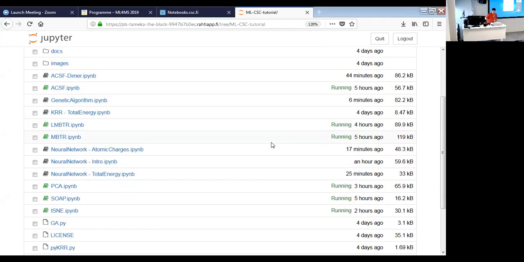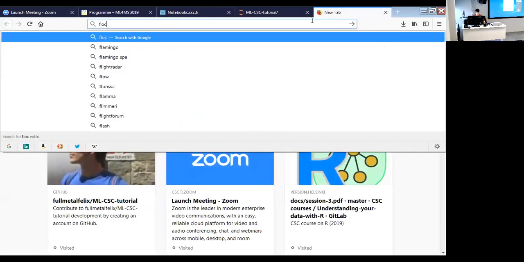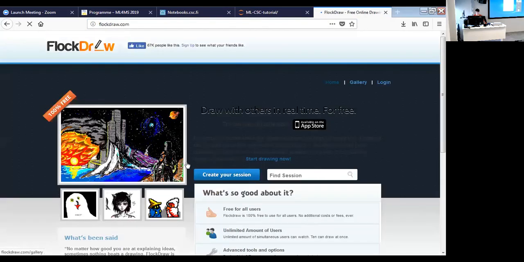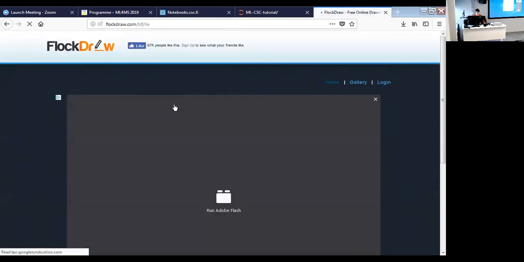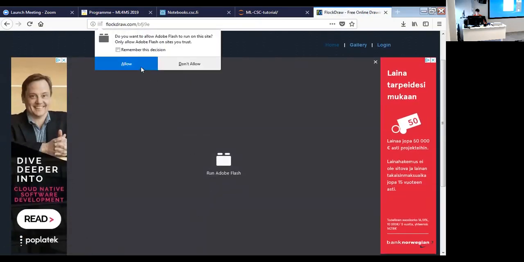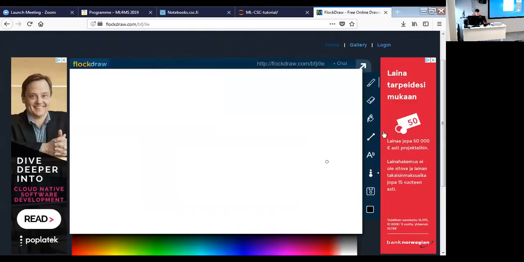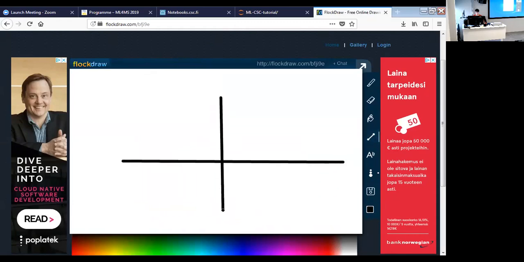Okay, so let's see. Now you can all admire my artistic skills. I'm going to draw the two functions.